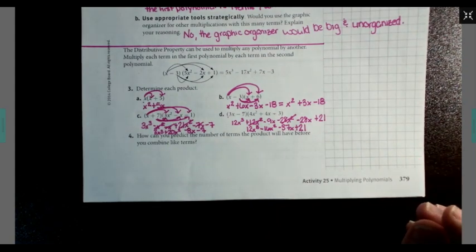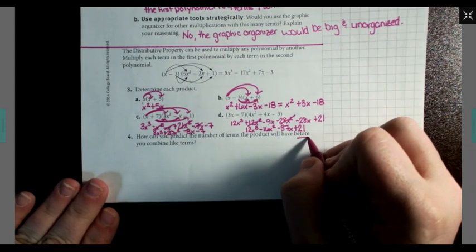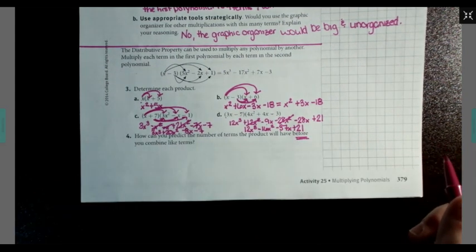4. How can you predict the number of terms the product will have before you combine like terms?